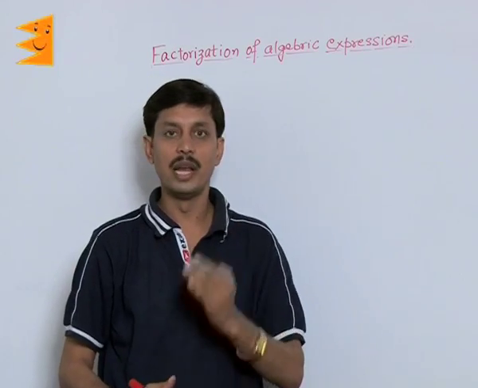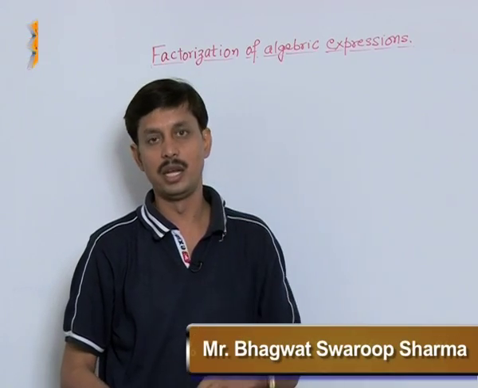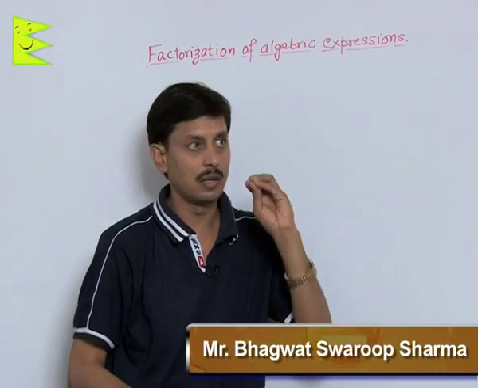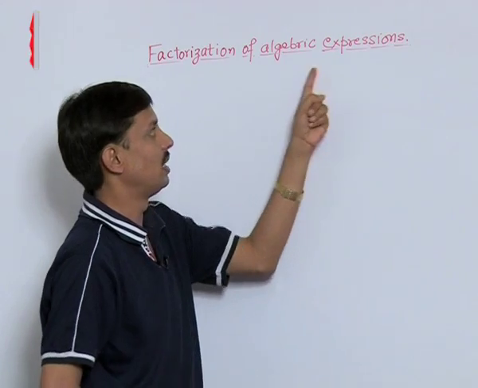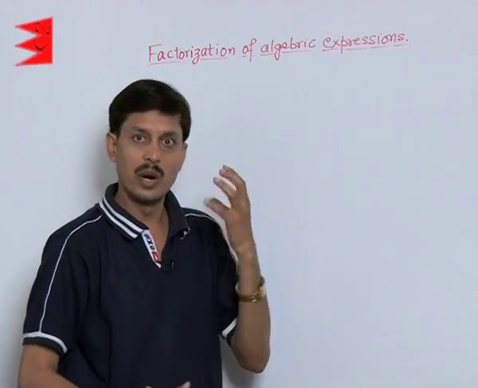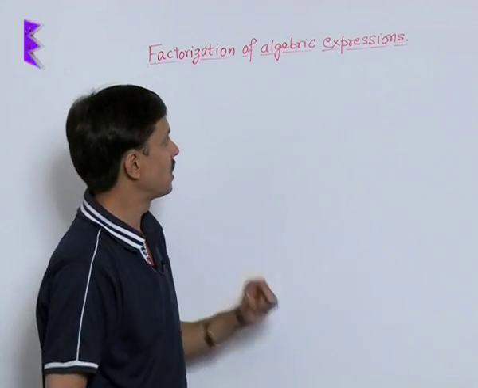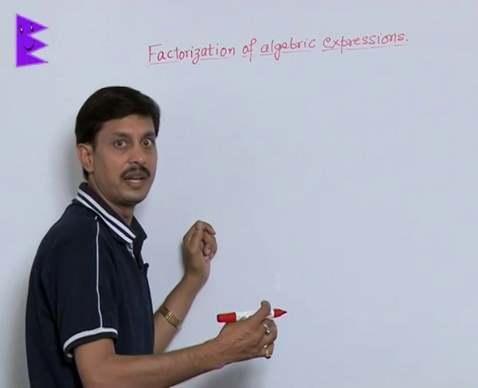Now I want to tell you those identities which are required in the factorization of the algebraic expressions. What are these identities? The first one is the basic identity.